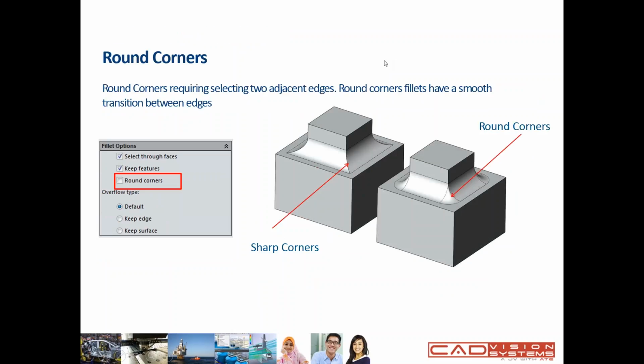So next thing will be this round corners. Basically, it is another fillet option. Okay, it is the same as when you apply a constant size radius for a square shape of box applied over here, so definitely you will see sharp corners.